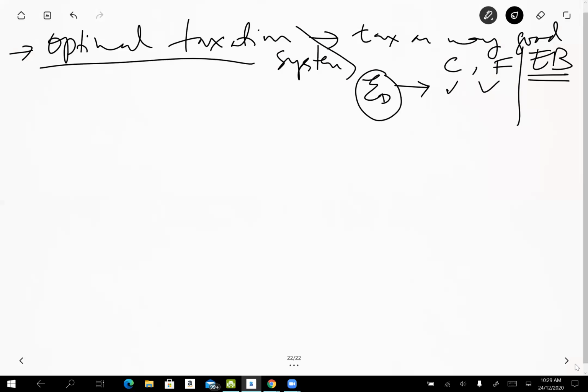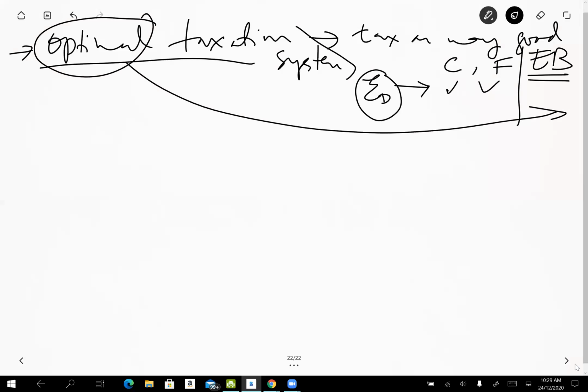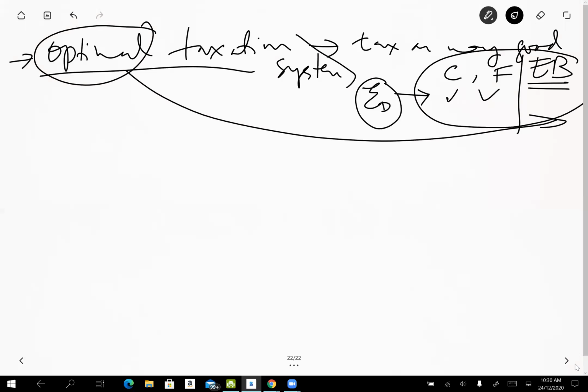Okay, so when you look at the optimal taxation, these are the things that we will have to look at: the relationship between the elasticities of demand or supply, but we focus on the demand, and how it affects the burden of the tax on both parties, and the excess burden on the economy, right? So that is the principle, okay? That is the understanding that you should have.